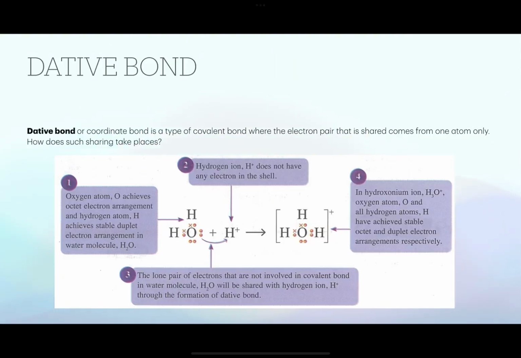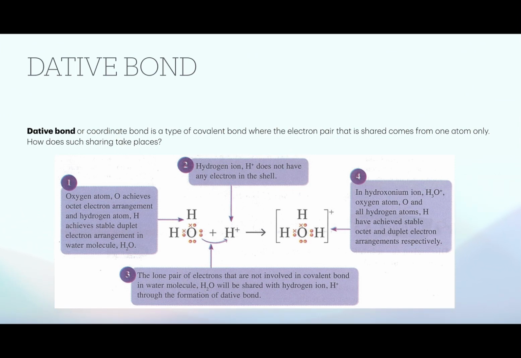Dative bond. A dative bond, or coordinate bond, is a type of covalent bond where the electron pair that is shared comes from one atom only. How does such sharing take place? 1. The oxygen atom, O, achieves an octet electron arrangement and the hydrogen atom, H, achieves a stable duplet electron arrangement in the water molecule, H2O. 2. The hydrogen ion, H+, does not have any electron in its shell. 3.